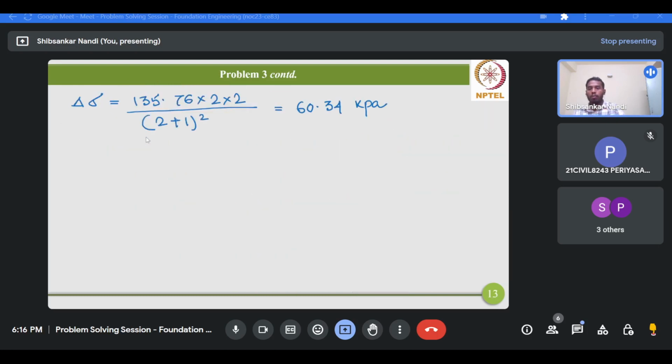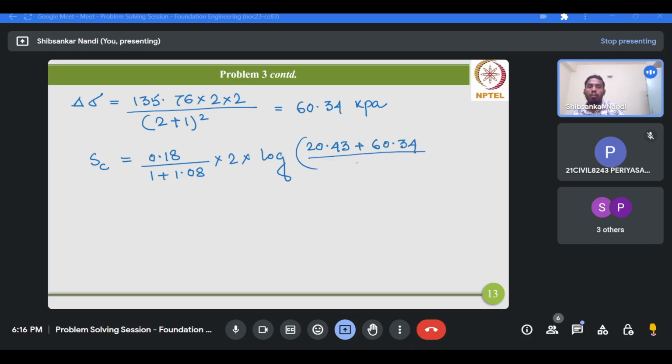So now it becomes very easy to calculate the consolidation settlement. It would be Cc 0.18 divided by 1 plus e0, 1 plus 1.08, times H, times log of sigma 0 prime plus delta sigma, where sigma 0 prime, I hope, is 20.43, plus 60.34, divided by sigma 0 prime.